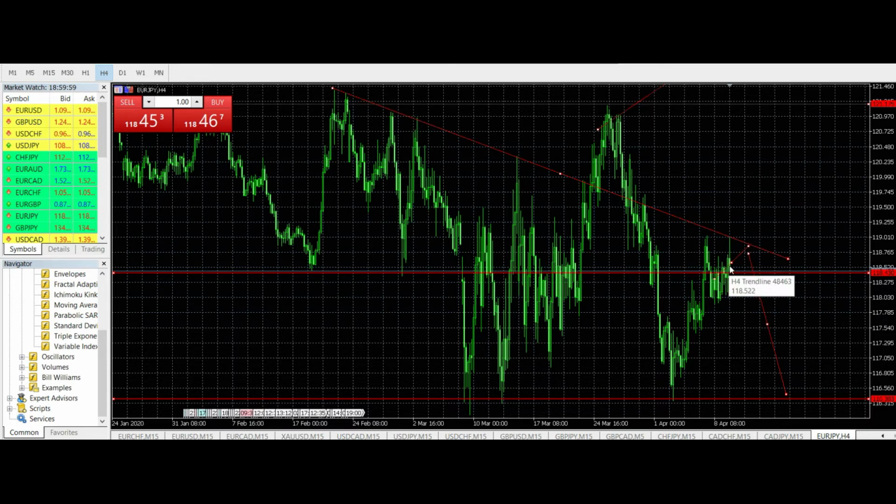So we know that the price is probably going to go up, test this resistance line, go down to our support here, and then once it has tested the support, and because this is a strong support since it's been tested many times and has resisted, the price is probably going to go up and test the resistance line again. So when it comes to a breakout, we don't really know.